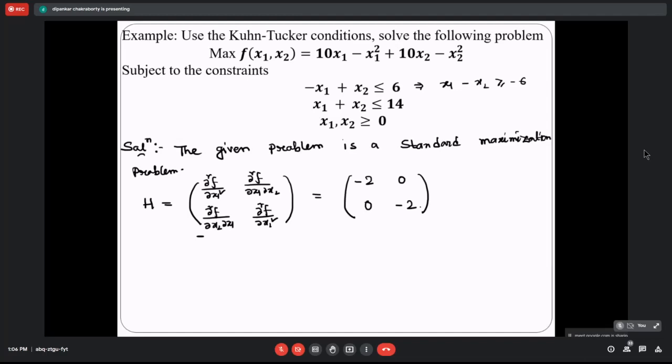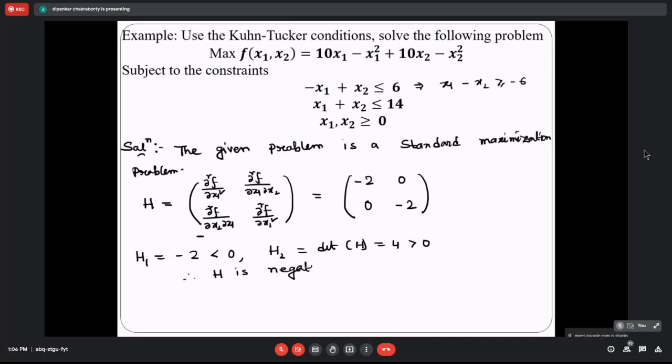Okay? So next, what you are going to do? H1, the first principal minor. H1 is what? Minus 2, which is less than 0. H2 is minus 2 into minus 2, that is 4, the determinant of H, which is greater than 0. So what is the nature of the Hessian matrix?